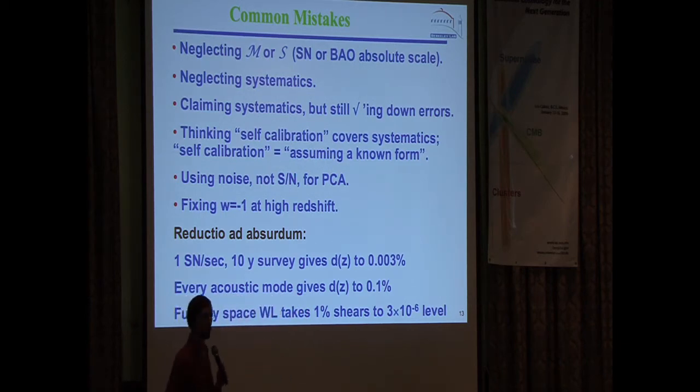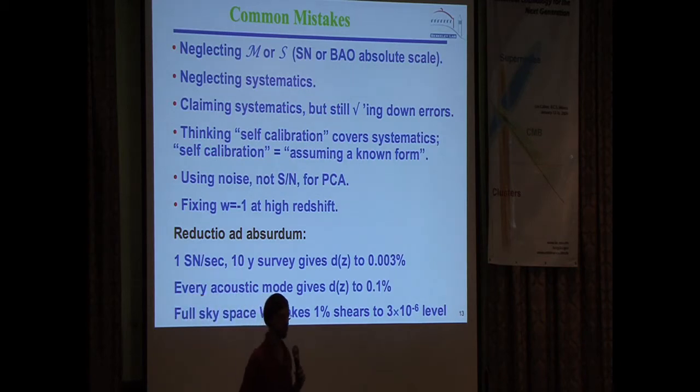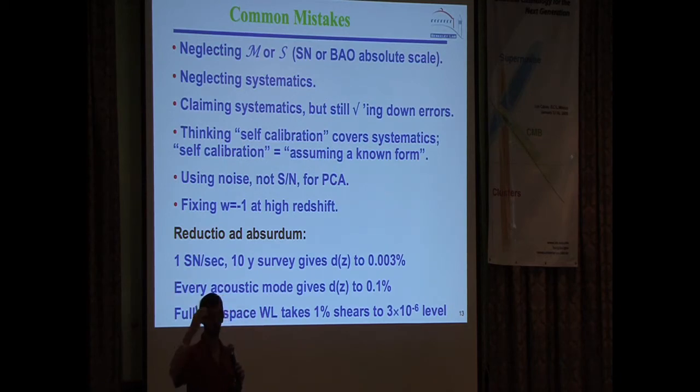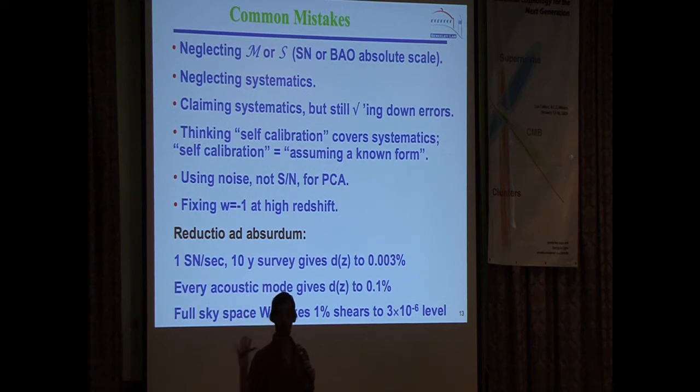The word self-calibration has also been used beyond what it really means. Self-calibration means that you're adding fit parameters to describe the systematics, and that you will then marginalize over them. That's perfectly legitimate, but you have to remember that the assumption is that the form you put in for these extra fit parameters is the correct one.